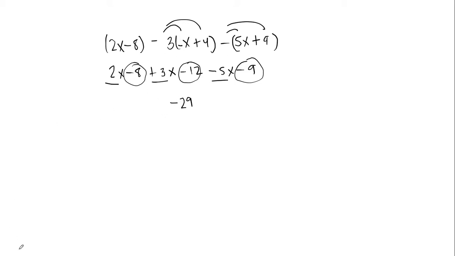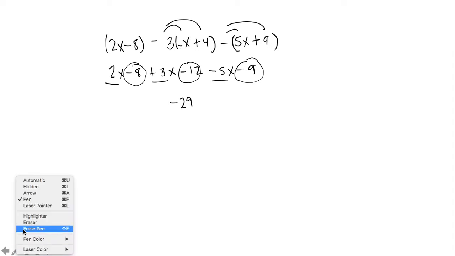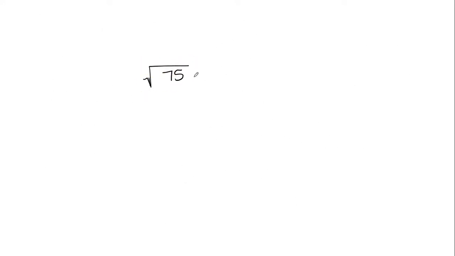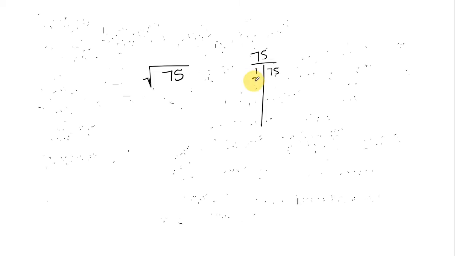And the last thing on your test would be simplifying radical expressions. So for example, if I have the square root of 75, I don't just find what the square root of 75 is. I need to find the factors of 75. 1 and 75. 3 and 25.